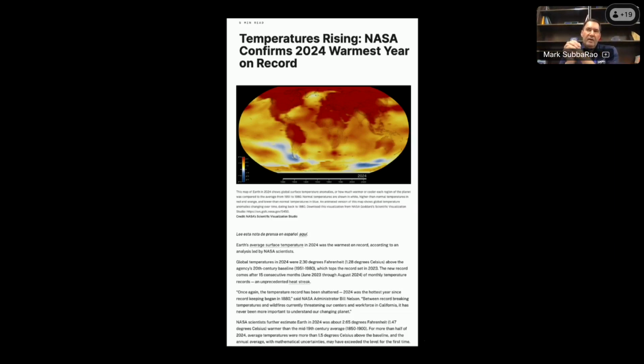And every mid-January, we have a press release where we announce last year's temperature, and we do this in coordination with NOAA. So we do the measurements independently using the same data, but different techniques, and then we both announce our results in the same press conference. Last year, of course, was the warmest year on record, as was the year before.